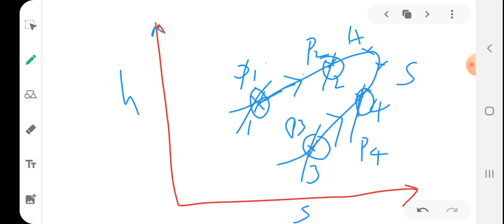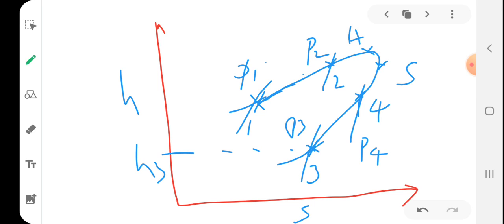What will happen to the static enthalpy? You can see that in supersonic flow, when heat is added, from static enthalpy H3 to H4, static enthalpy increases. So when heat is added, static enthalpy increases in the case of supersonic flow.